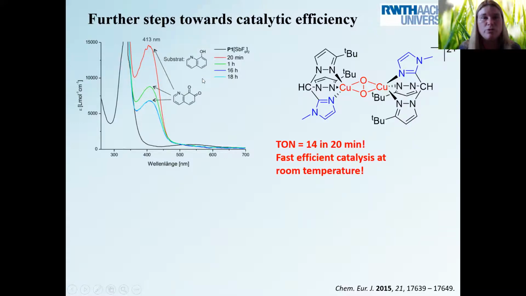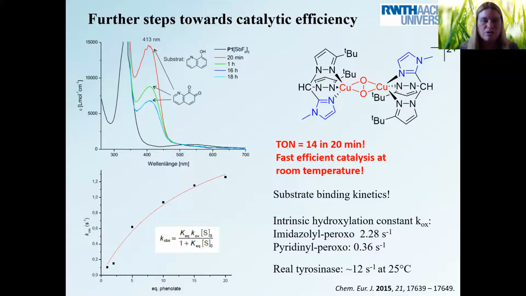And then we again took our favorite substrate, which is 8-hydroxyquinoline, and we found that it's a really active species. We really observed high catalysis, a high turnover number of 14 in 20 minutes, which is amazing because the other system was quite slow. And we also observed the substrate binding kinetics. From this substrate binding kinetics, it's like a Lineweaver-Burk plot, but not in this linear form, we can derive the intrinsic hydroxylation constant Kox.